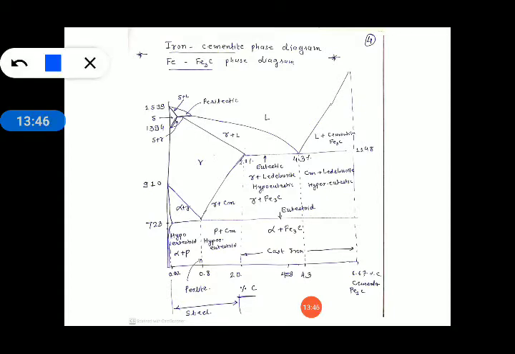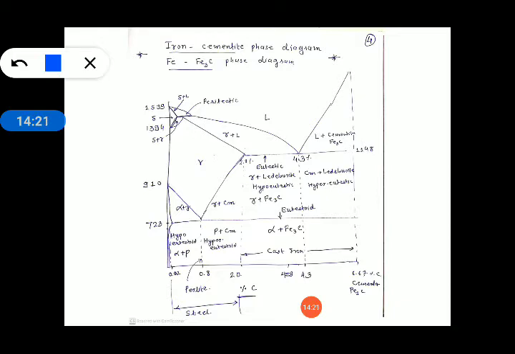This is the iron carbon phase diagram, also known as the iron cementite phase diagram. Iron is Fe and cementite is Fe3C, so it is also called the Fe3C phase diagram, iron carbide or iron cementite phase diagram. In this phase diagram there are two axes.